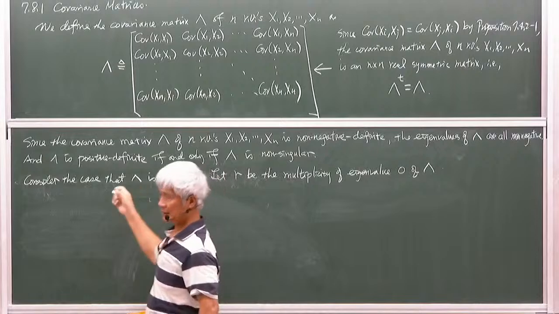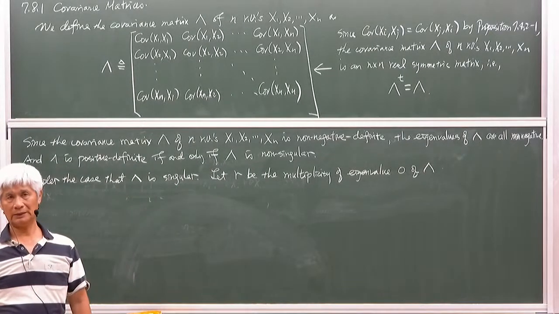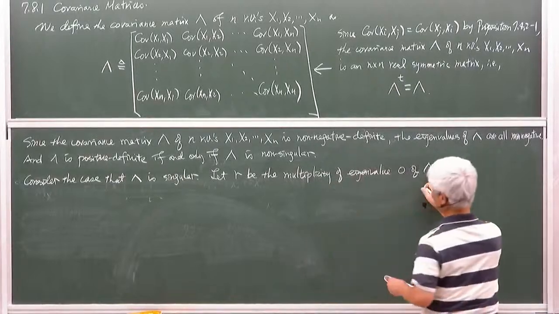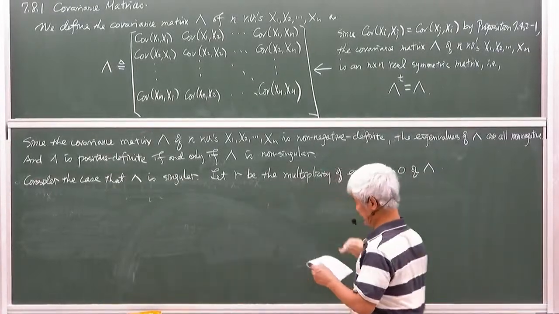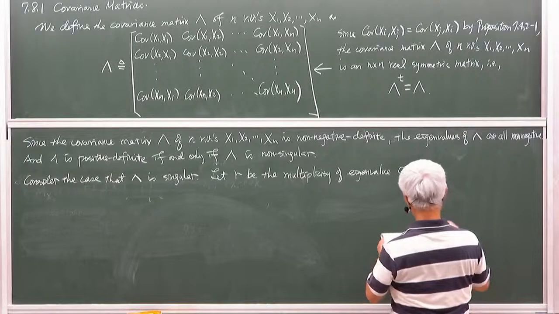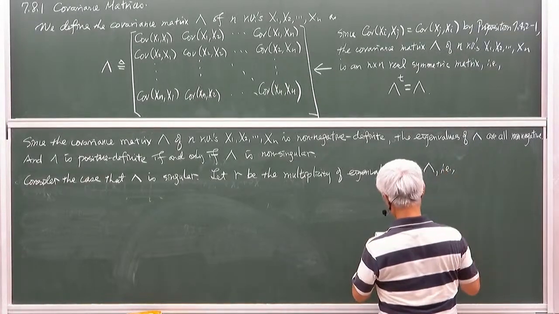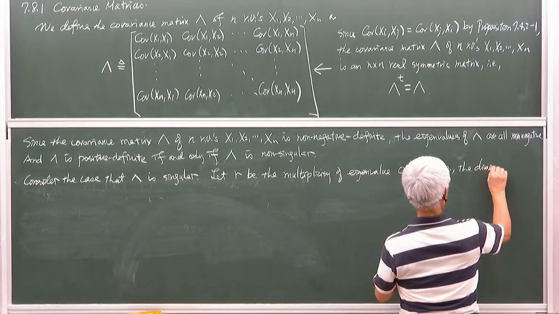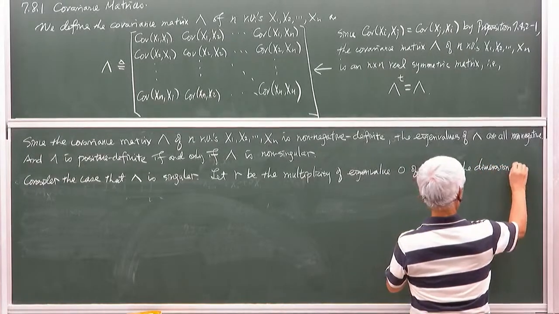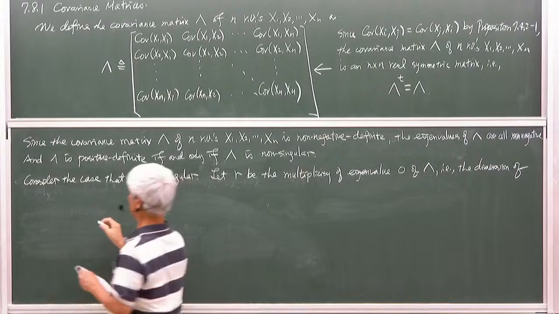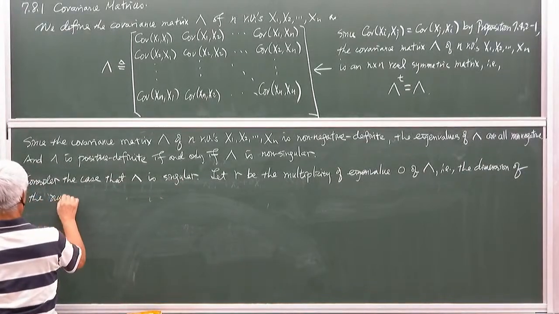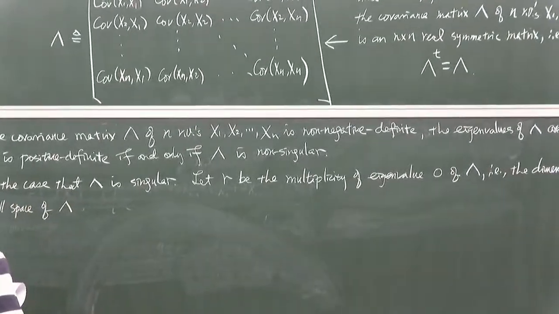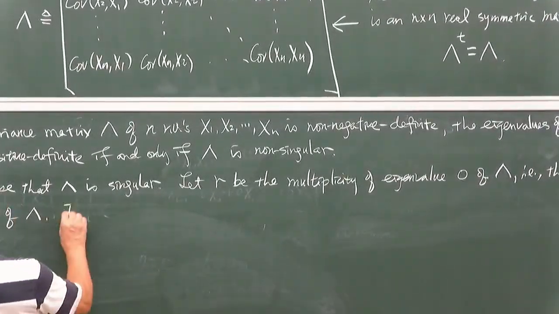Okay, so because lambda is singular, which means that 0 is an eigenvalue of lambda, we let r be the multiplicity of the eigenvalue 0. And we know that the multiplicity of eigenvalue 0 is the dimension of the null space of lambda.